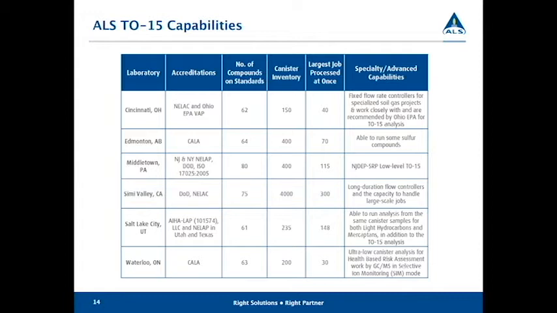I'm not sure about that. We'll need to ask the Waterloo lab and our ALS Canada laboratories and get back to him on that. Okay, I can let Charlie know. Also, do you have a preferred pressure range for the stopping of sample collection? This is from Jonathan. 5 inches of mercury is what we'd like to get.